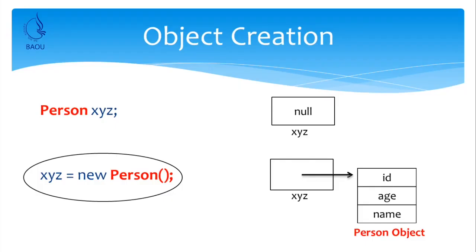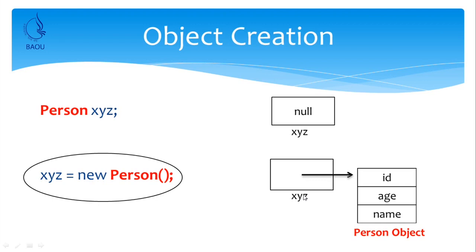Once object is created, how memory is allocated is represented on screen. So, here when you write person xyz, xyz has no reference. So, it is assigned to null, but when you write xyz is equal to new person, which is shown in oval, a memory is allocated for xyz and same value is assigned to xyz.